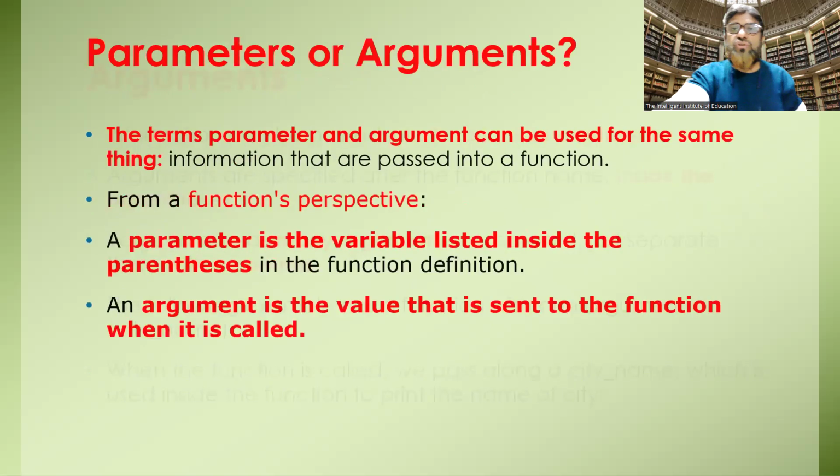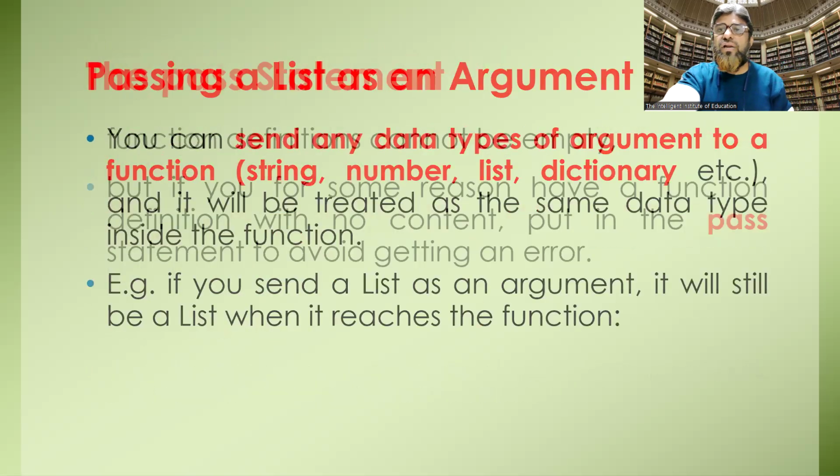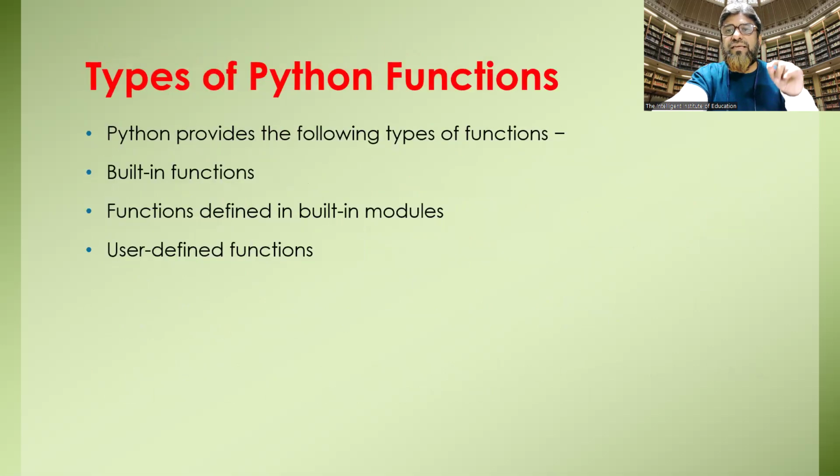A built-in function is already defined in Python's interpreter. For example, len gives the length of a string, or counts how many elements are in a list. There are many such functions we use, and they are called built-in functions.